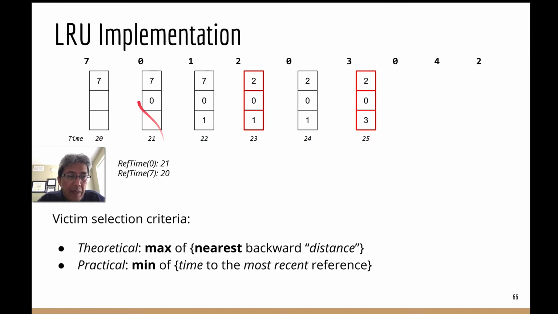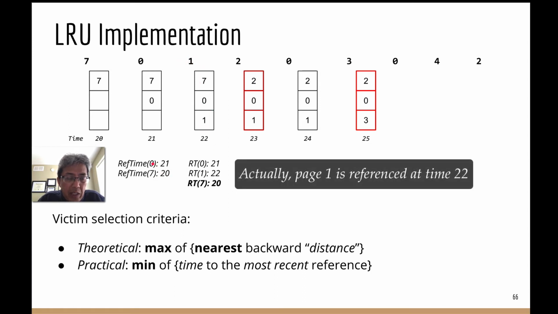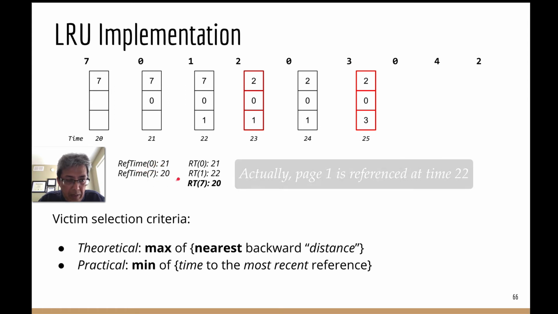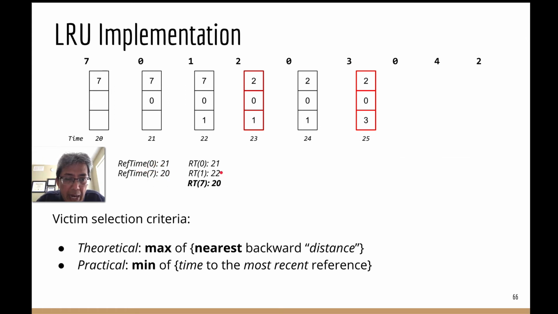Let's say at time 21, page 0 is referenced, and that's why you see the reference time of 0 is 21. But page 7 is first referenced at time 20. That's why you see the reference time of 7 is 20. If you keep going, now page 1 is referenced at time 1. So in addition to the current 2 records in our page table, we add a new record for the reference time of 1, which is at time 22.